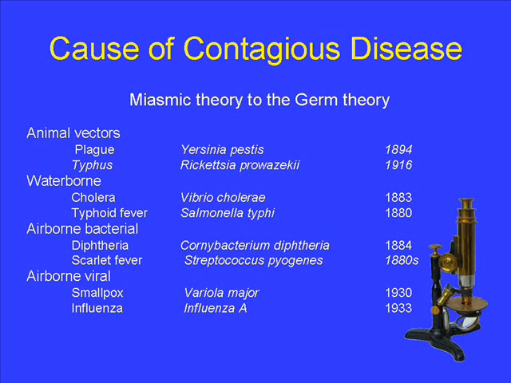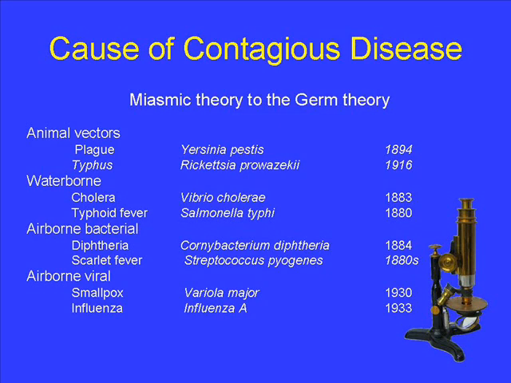And what really happened was that over the last 2 decades of the 19th century, the cause of most of the diseases, those associated with animal vectors, plague and typhus, those associated with waterborne infection, cholera and typhoid fever, and those associated with airborne bacterial infections, diphtheria and scarlet fever, were identified.